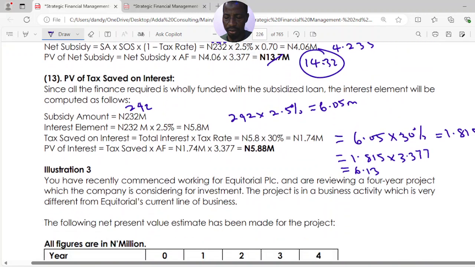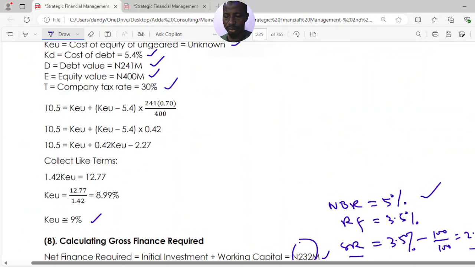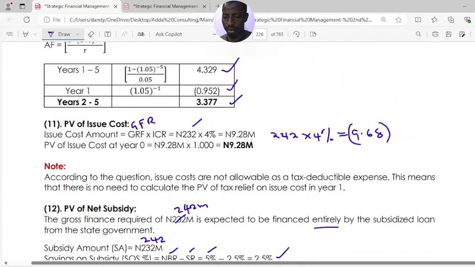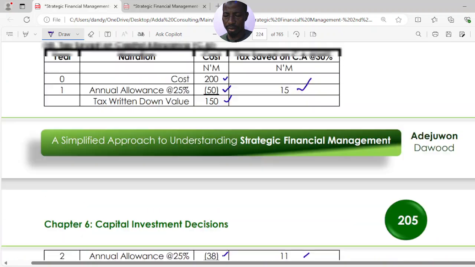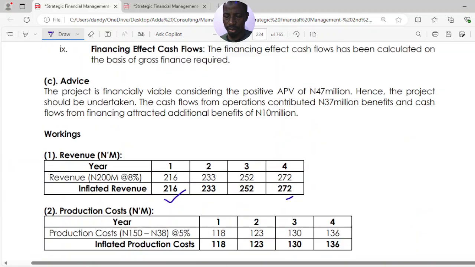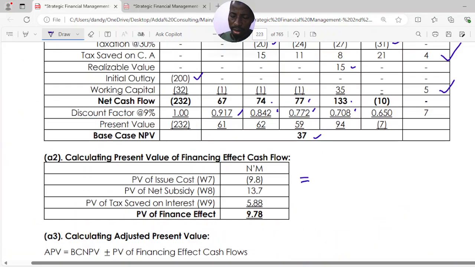Then the PV of the net subsidy is 14.32. Then the PV of issue cost is 9.68.